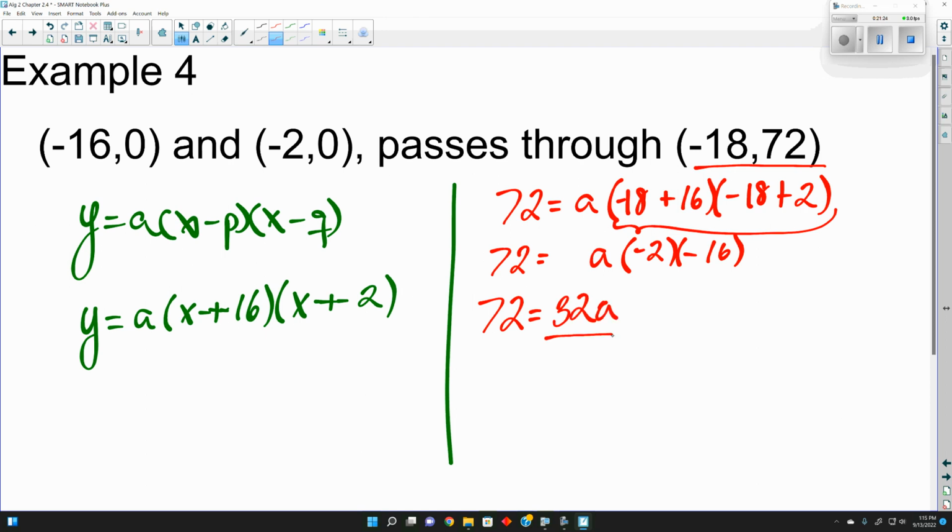Then we would get a by itself. How many times does 32 go into 72, if at all? Will it go into it evenly? No. So we'll need to reduce it, yes?